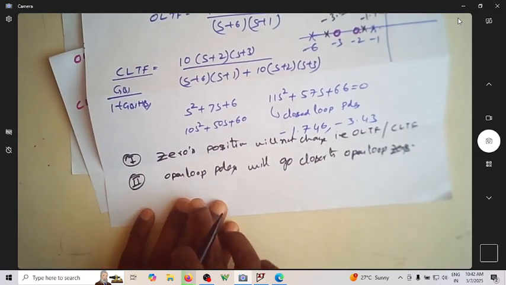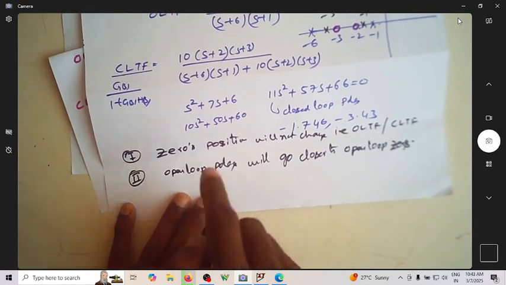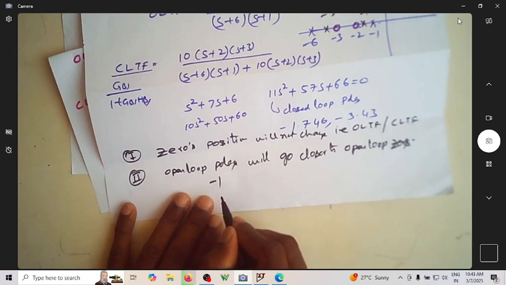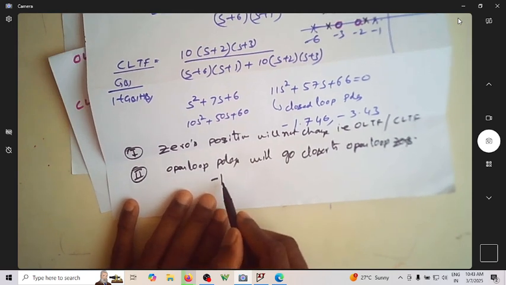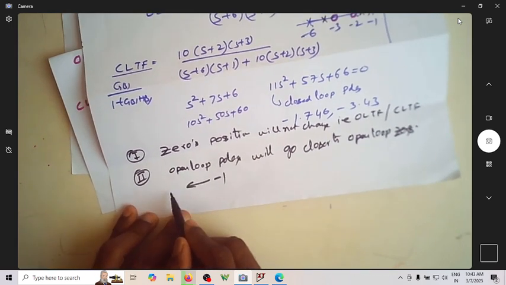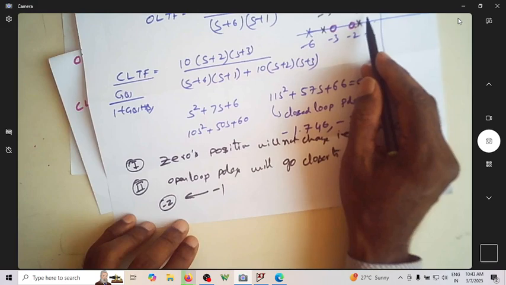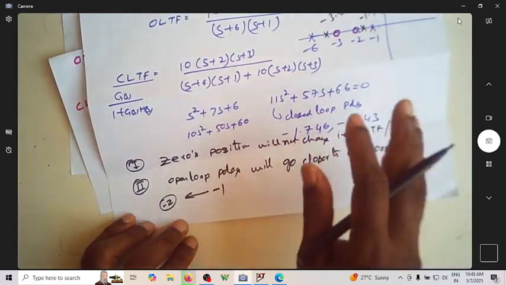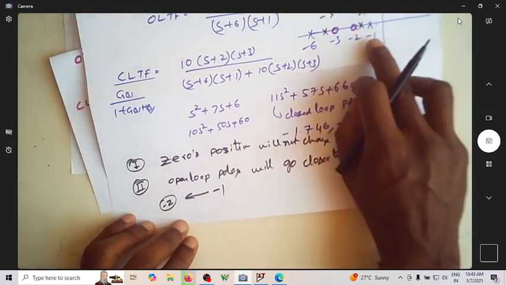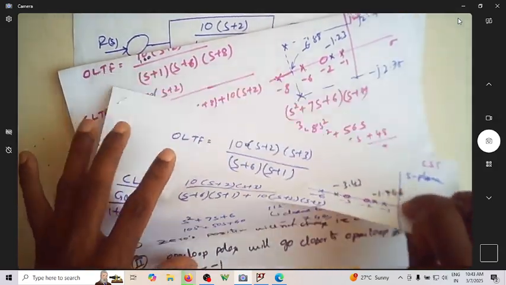Correct? See now, in this case there was a pole at -1. This -1 is going closer to -2. Whether you add a pole or a zero, whatever the case is, this is consistently happening.